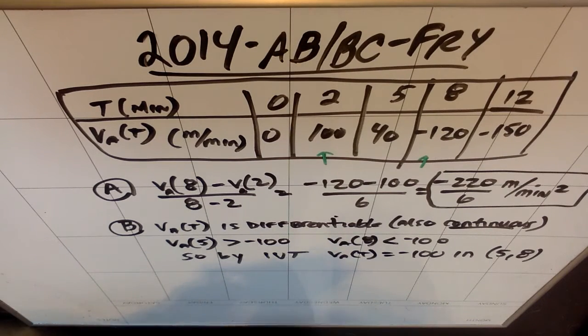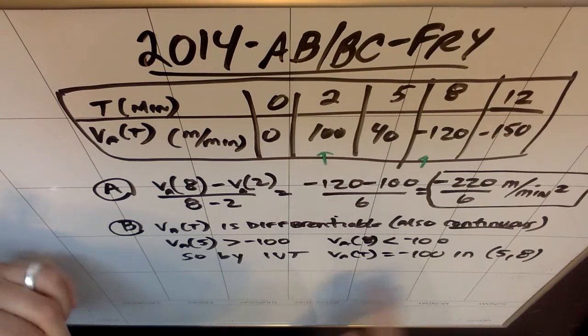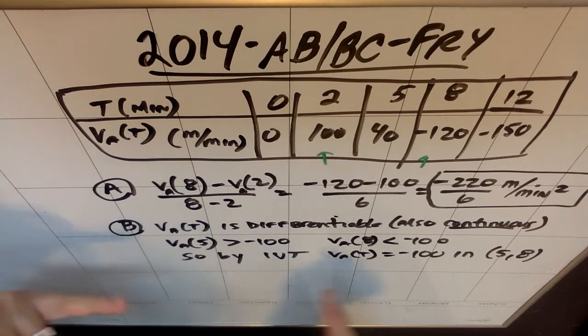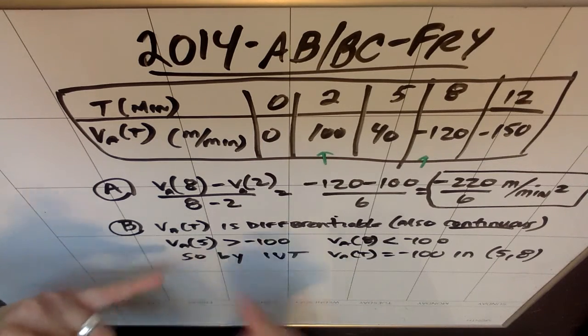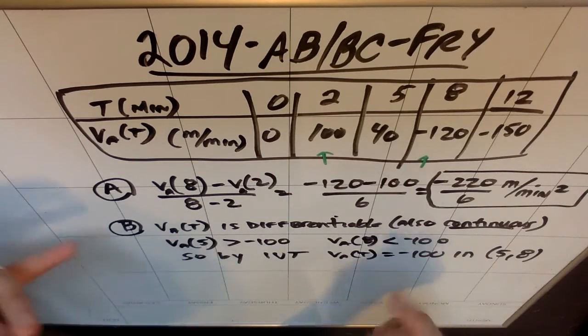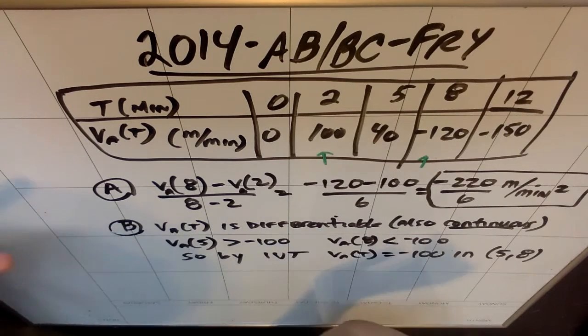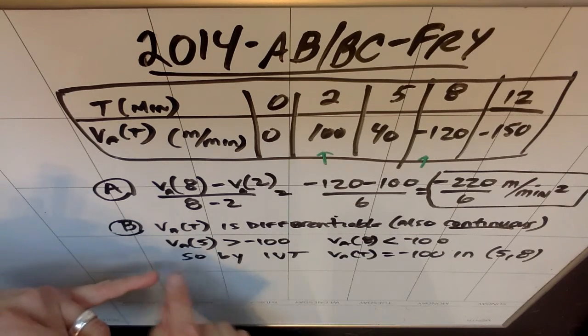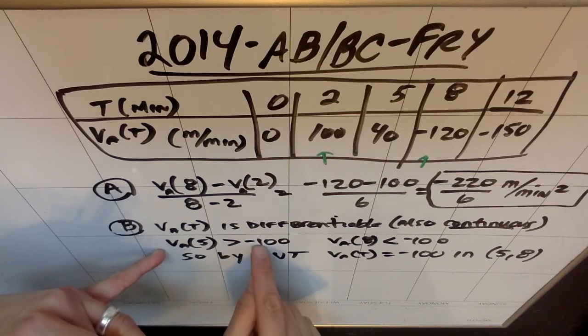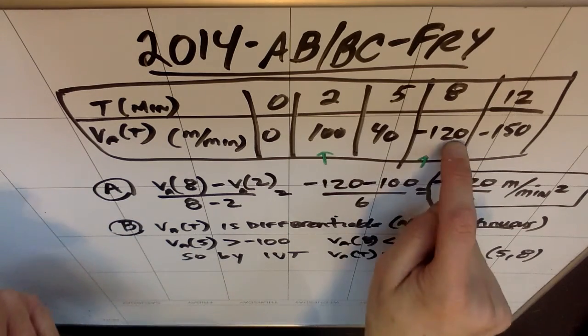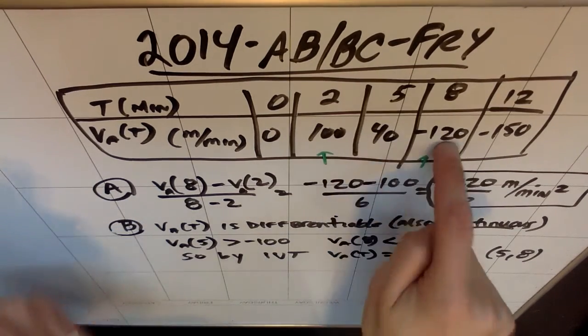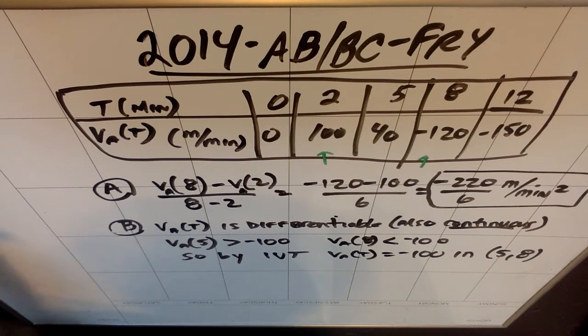So again, the logic being, your continuous function, v sub A is continuous because it's differentiable, and you do need to say that it's continuous. Since it starts out higher than negative 100 and ends lower than negative 100, right? 40 is bigger than negative 100, and negative 120 is less than negative 100.